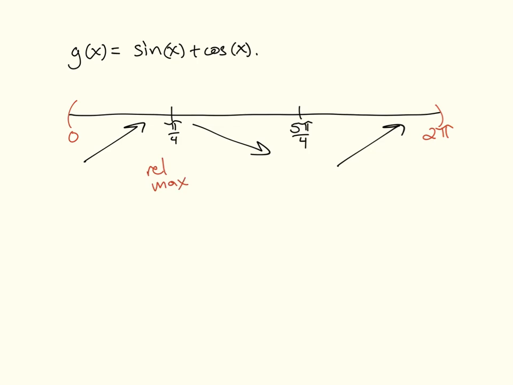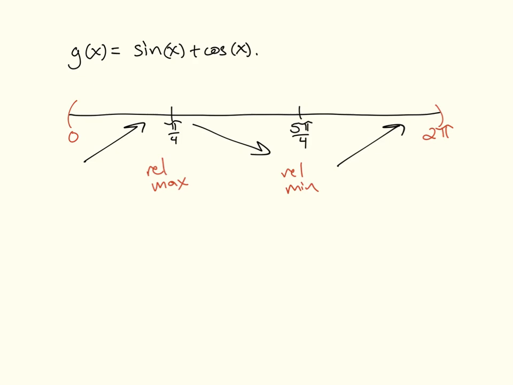It also states that if the function stops decreasing and starts increasing, then there is a relative minimum at that x value. And in order to find out what the actual ordered pair is for the relative max or the relative min, we need to substitute the x values back into the original function.